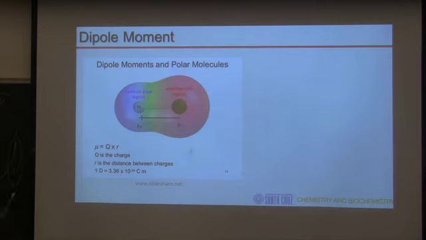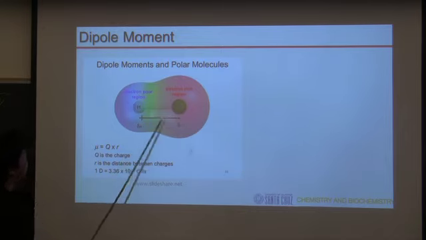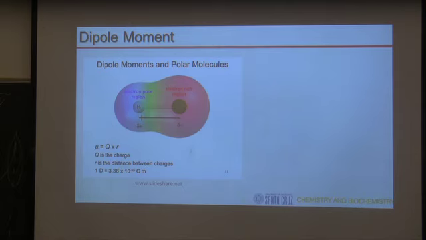And dipole moment is a factor to describe this non-uniform distribution of charges. So mu equals Q times R. The R is just the separation between the positive center and the negative center. And usually it is a vector, so the direction points from positive to negative.